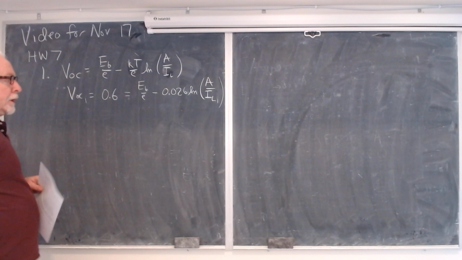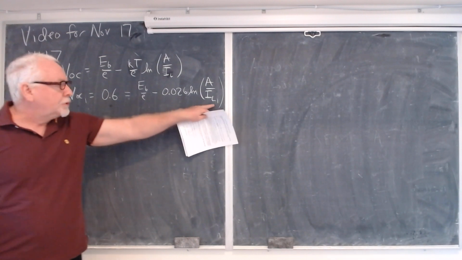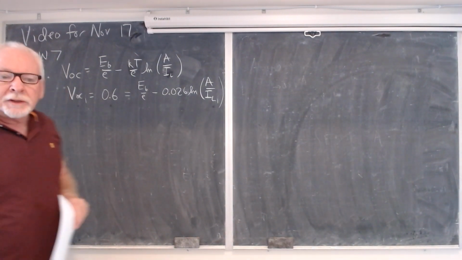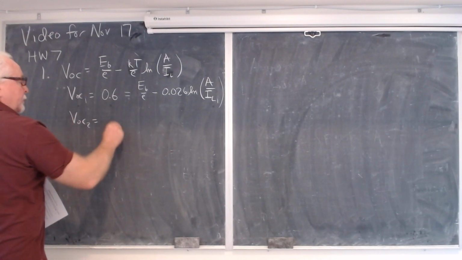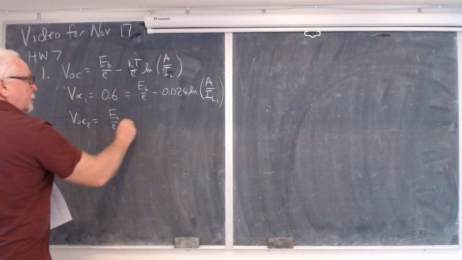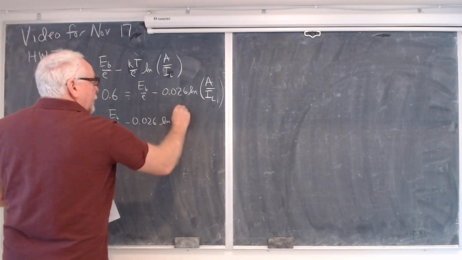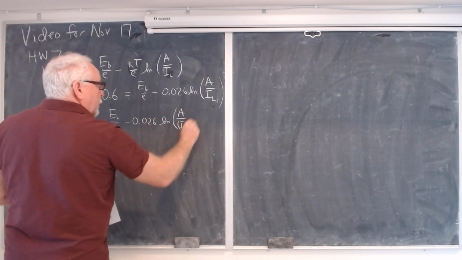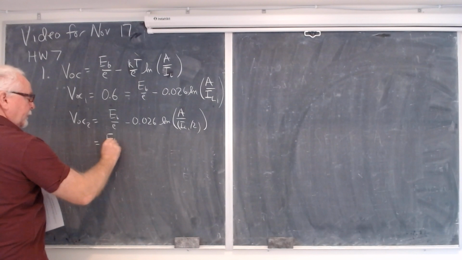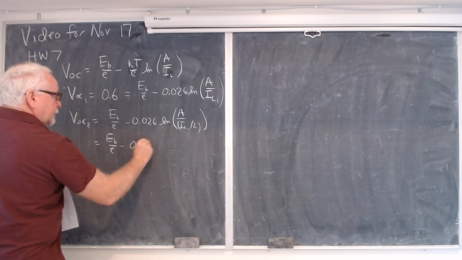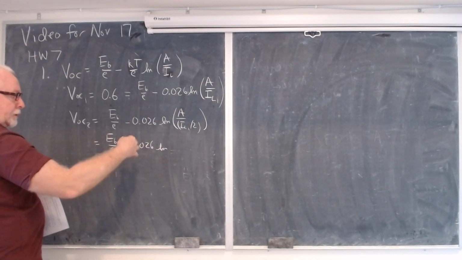So the open circuit voltage is 0.6 volts for a certain light level, and then the light level drops by 1/2. VOC2 is equal to EB over E minus 0.026 times the logarithm of A over IL1 over 2. I'm just going to do this in a couple of steps.